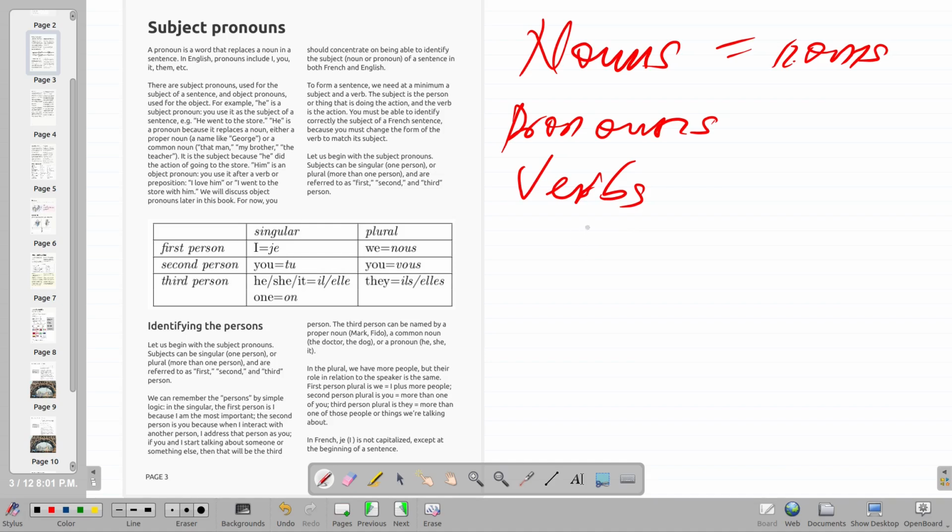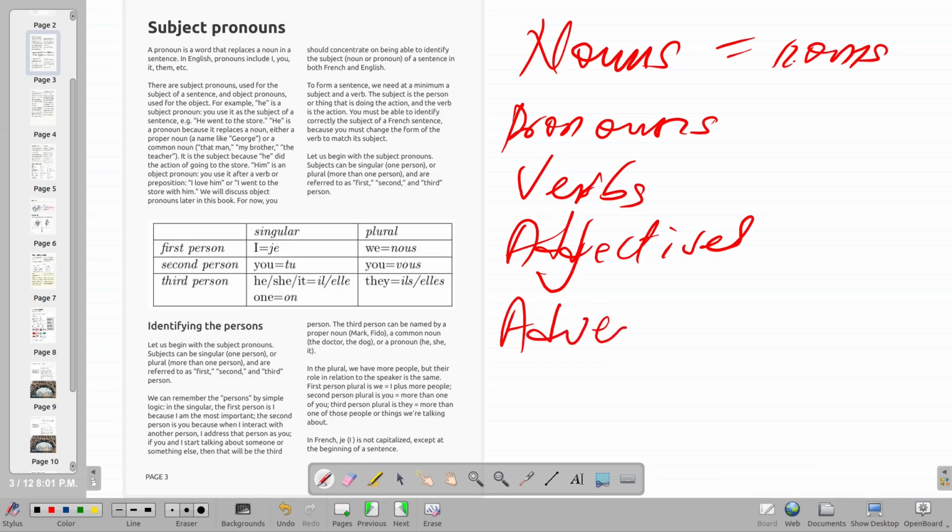You can make them plural, it's okay. Adjectives, that's a J. Adjectives, adverbs, conjunction, interjection, preposition. So these are parts of speech.